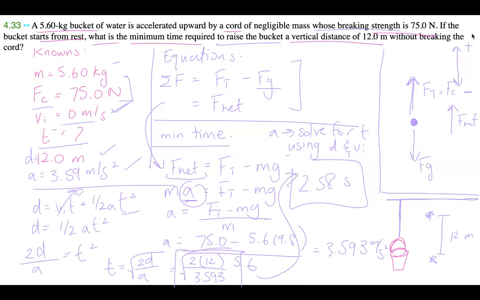The force of tension should be low, and the cord won't break, right? But again, judging by the wording in the question, we can infer that if the time is smaller than 2.58 seconds, then this cord is going to break. So let's just look at both situations. Okay.